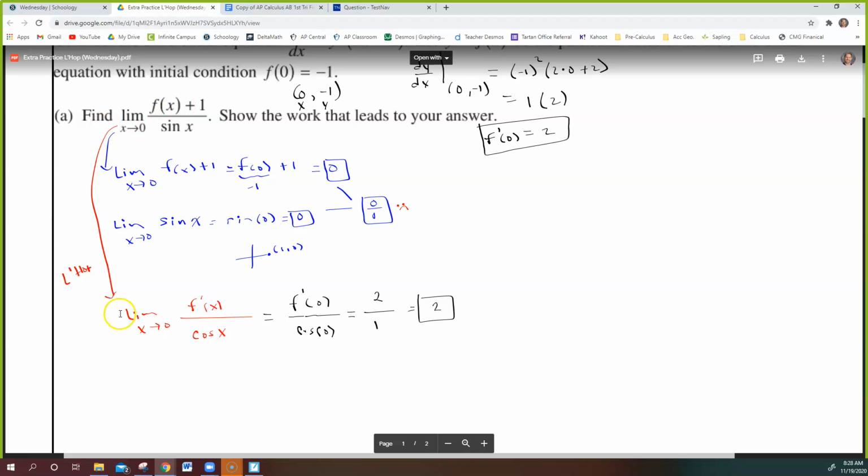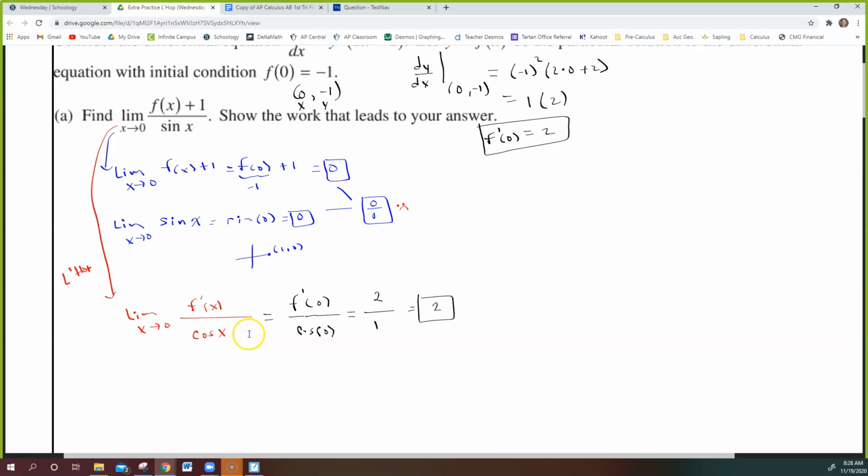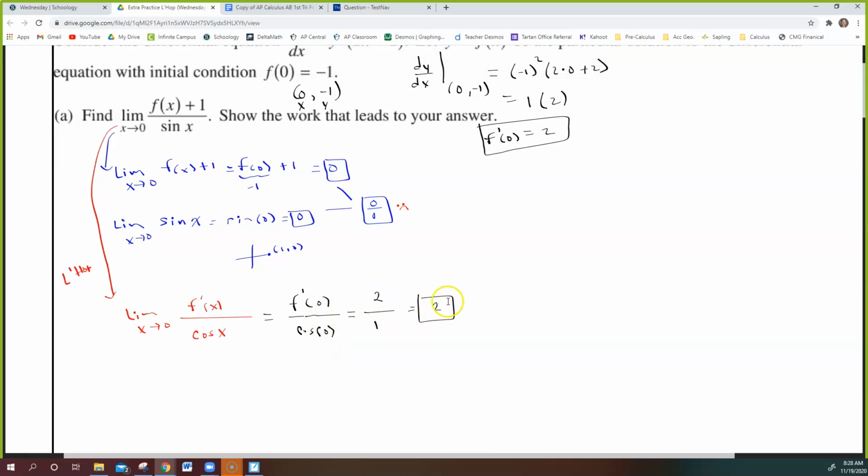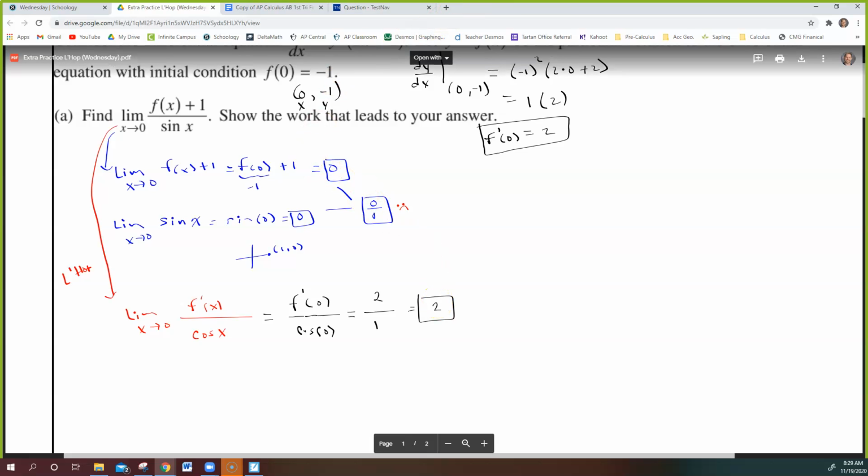So then I show the derivative of the top over the derivative of the bottom, and the limit as x goes to 0, and then I can plug in 0 and evaluate to get my answer. So pay very special attention to the work that we're showing here, because to get full credit, I need to see everything that's written here.